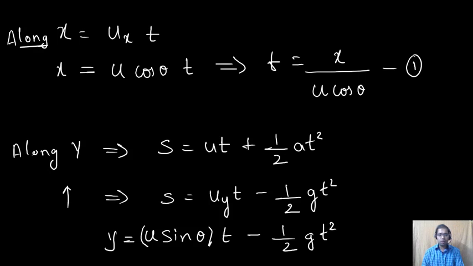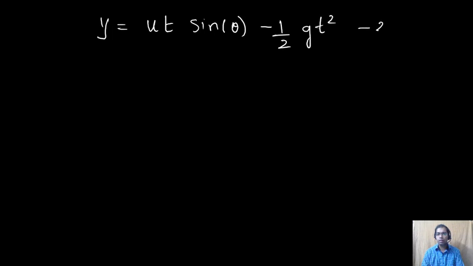So we can rewrite this, because it is sine of the angle, not sine theta into t. We will simply make a small change: y is equal to ut of sine theta minus half gt square. Now this is equation 2. I will go ahead and substitute equation 1 in equation 2.